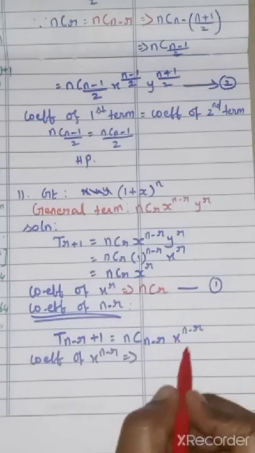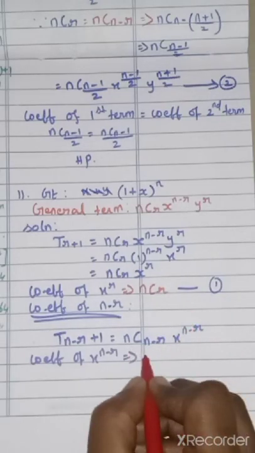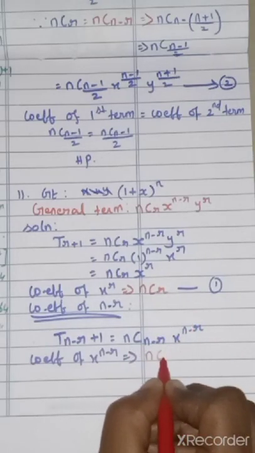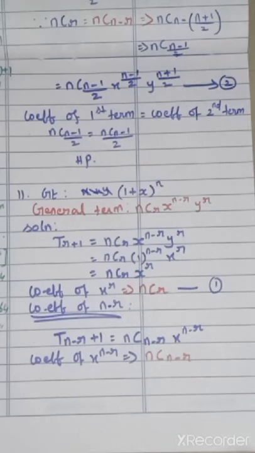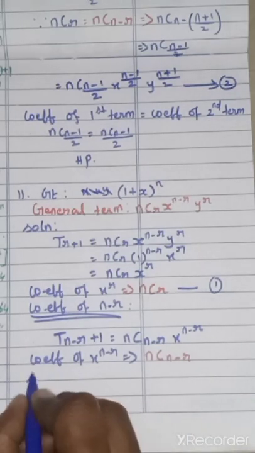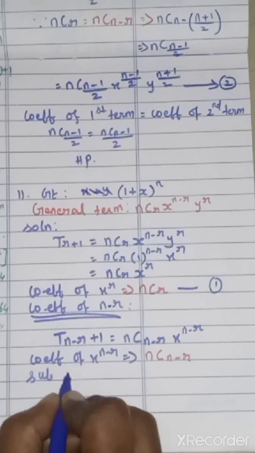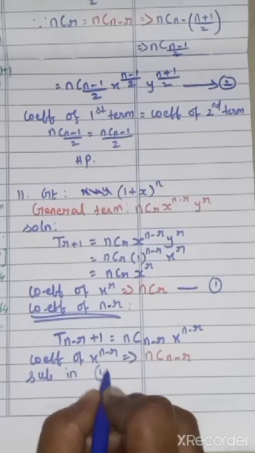It is nC(n minus r). Correct? Now substitute this in equation number 1.